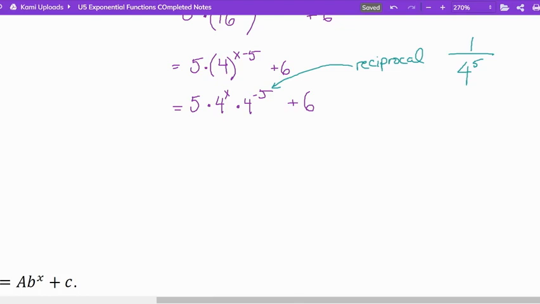Do we know what 4 to the power of 5 is? Is that 1024? Okay. So in theory, I've got 5 times 1 over 1024 times 4 to the power of x plus 6. And then I can't simplify these two. Like 1024 cannot be divided by 5.